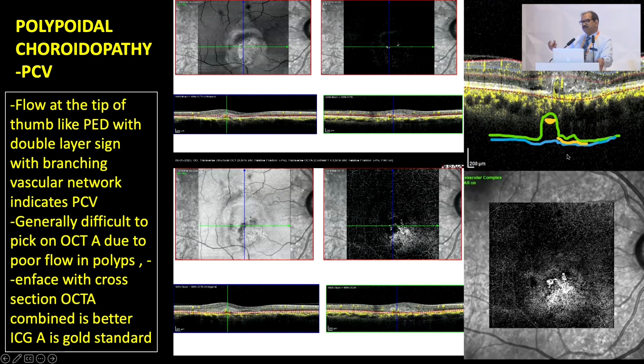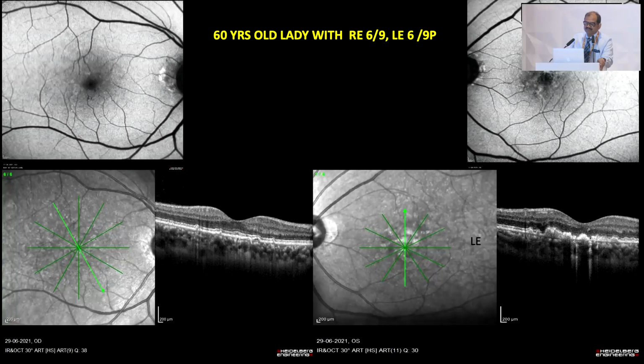Why? Because the flow in the polyps is less, and it is difficult to pick up lower flow lesions on OCT angiography. But if you combine the en face and the B scan images with flow overlay, you can detect many of these polypoidal lesions also. Although ICG angiography is the gold standard for these lesions.